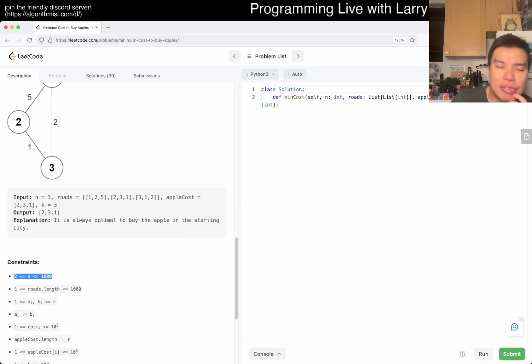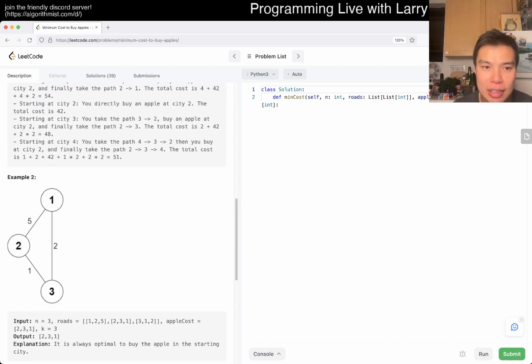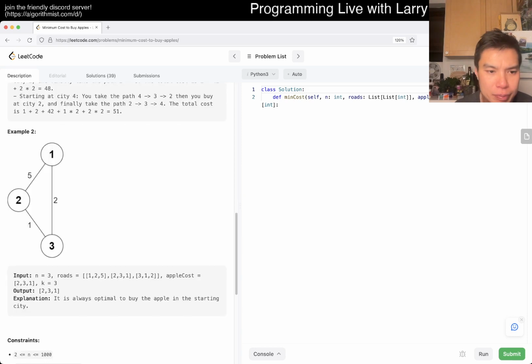Constraints 1,000. The thing that I was looking for is that there are also only 1,000 roads, so V plus E is probably what you want, which is a breadth first search type stuff. Or maybe not V plus E, sorry, because these are weighted, right? So yeah. But I don't get the idea behind K, to be honest.